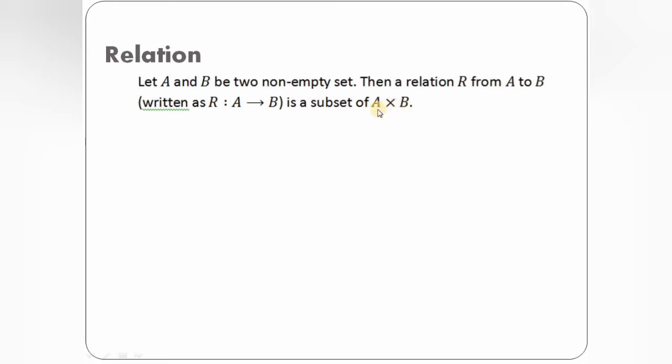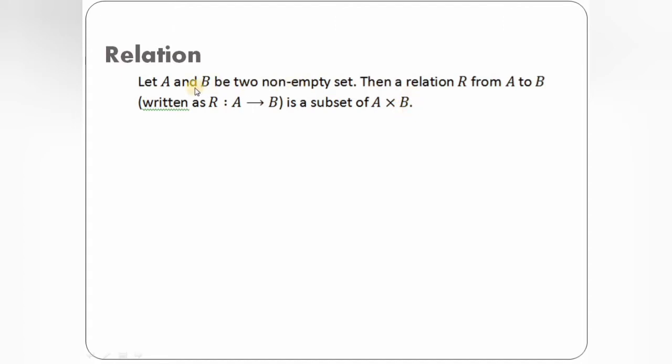That is, a subset of the Cartesian product. Now if I ask you what is the relation R from B to A, you must say that relation R from B to A is a subset of B cross A. It's not going to be A cross B. Whichever is your first set will come in the front, and whichever is the second set will come at the back.